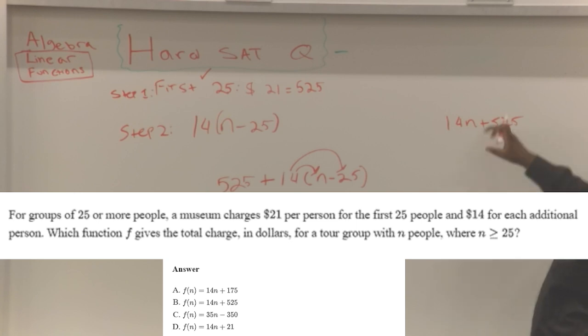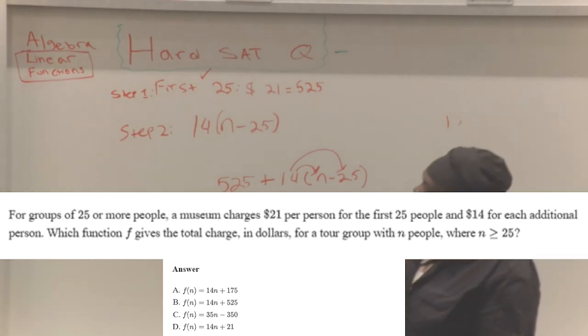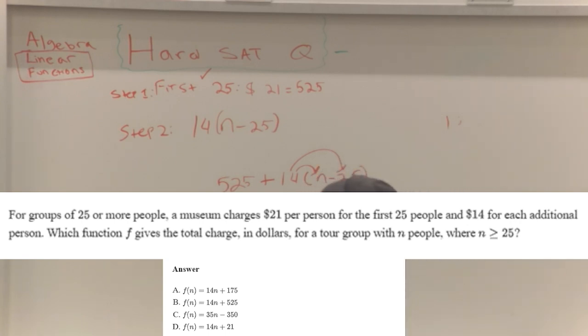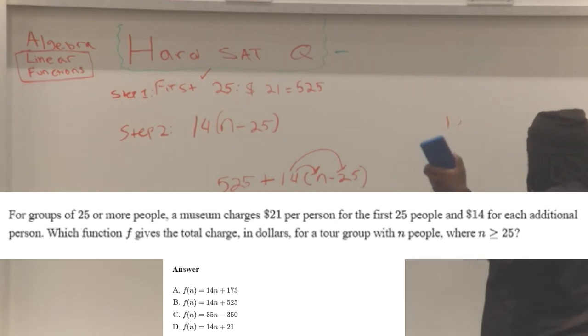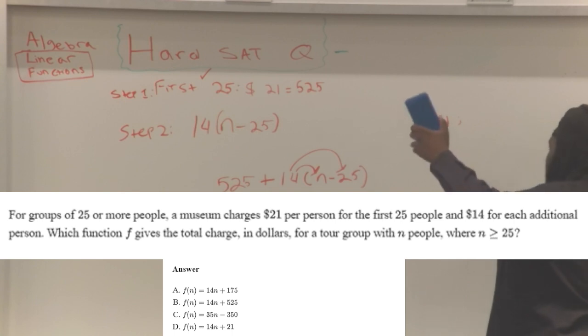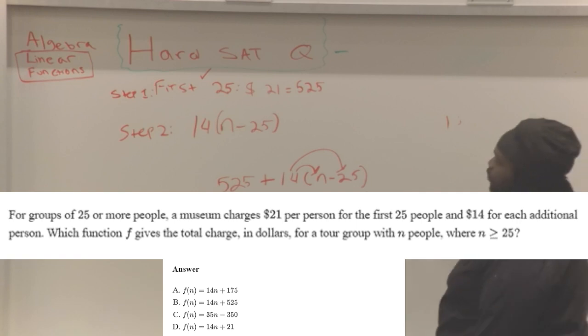But they didn't, because it didn't take into account the 525. You're essentially double counting for B. Then for C, you're using $35 per person. 35 is not even in the problem. You don't want to add your 21 per person for the first 25 and then 14 for each additional person. You know what I mean? And then D, we eliminate that one as well, because it just adds that random $21, and it ignores the 525 for the first group of people.